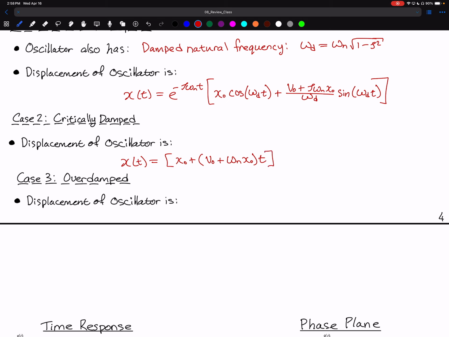And then everything inside the square brackets multiplied by e to the minus omega n t. Again, this is the case where zeta is equal to 1. So for critically damped, this is the response that will take the least amount of time to go from some non-zero amplitude down to a zero amplitude, which we'll see on the next page when we look at the phase space, as well as when we look at the time response.